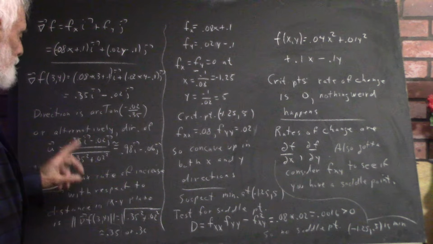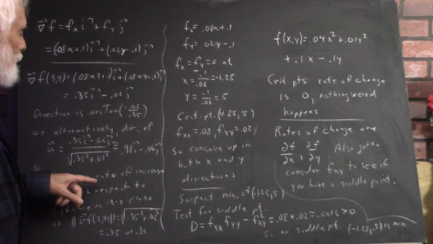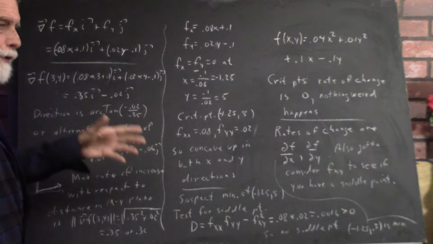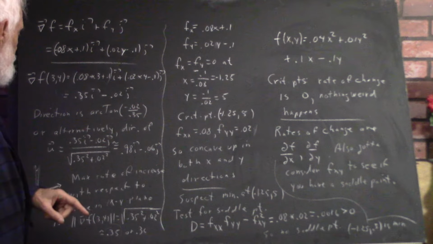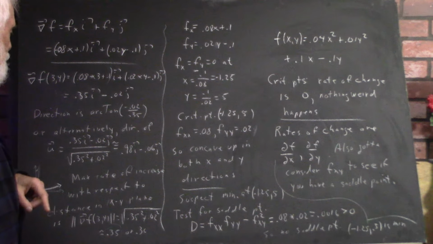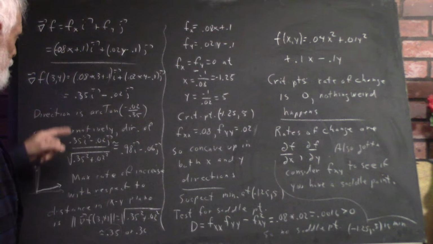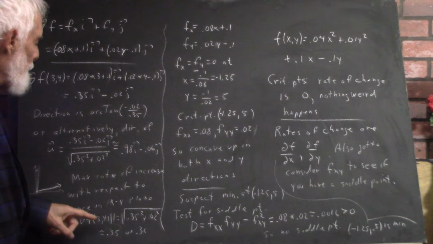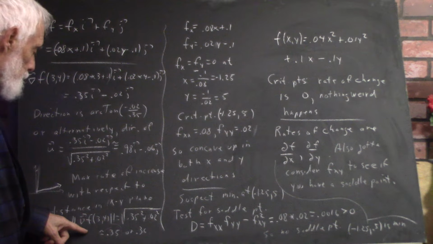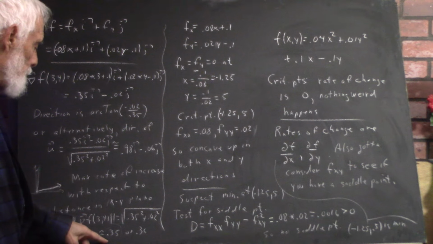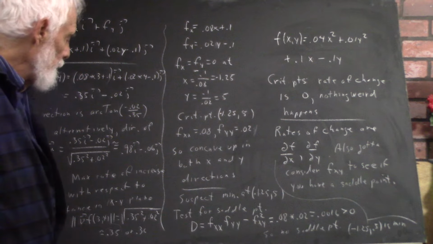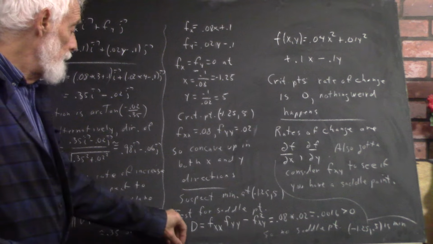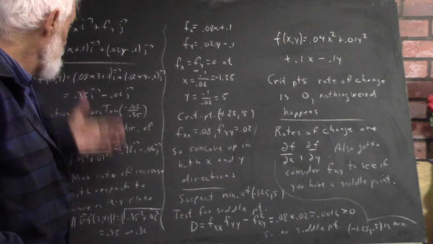Now, the maximum rate of increase is the magnitude of the gradient, and the direction of greatest increase is the direction of the gradient. Okay, so the maximum magnitude of the rate of increase is this, which is 0.35, might possibly go up to 3.6, but 0.02 is pretty small compared to 3.5. So there we have those results.